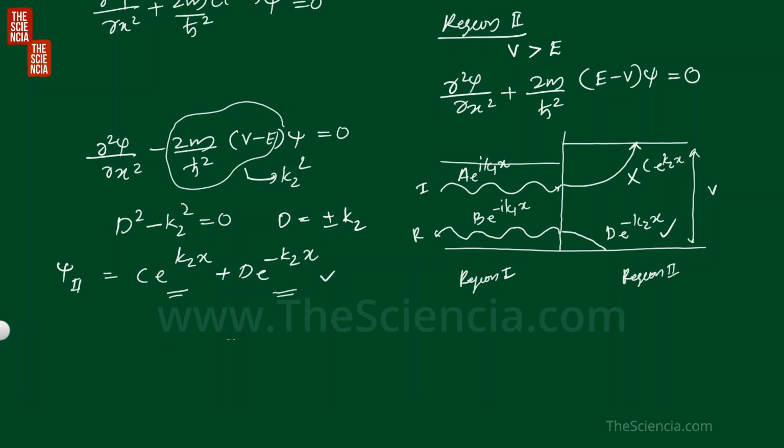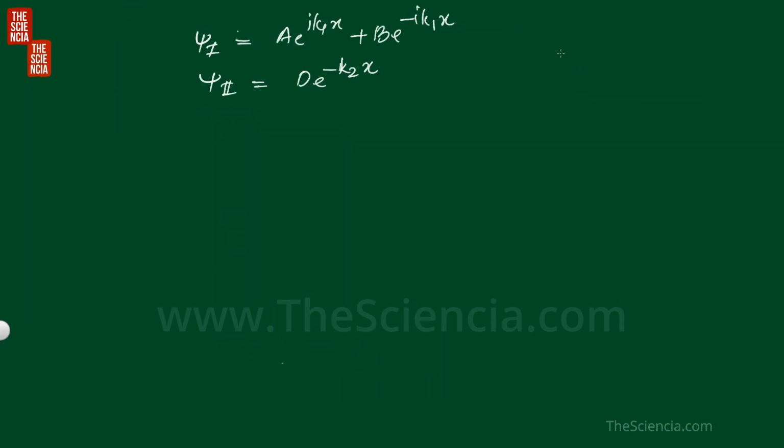Therefore, we got the wave function psi 1, that is the wave function in region 1, equal to a e raised to i k1 x plus b e raised to minus i k1 x, and in region 2 we got psi 2 equal to d e raised to minus k2 x.